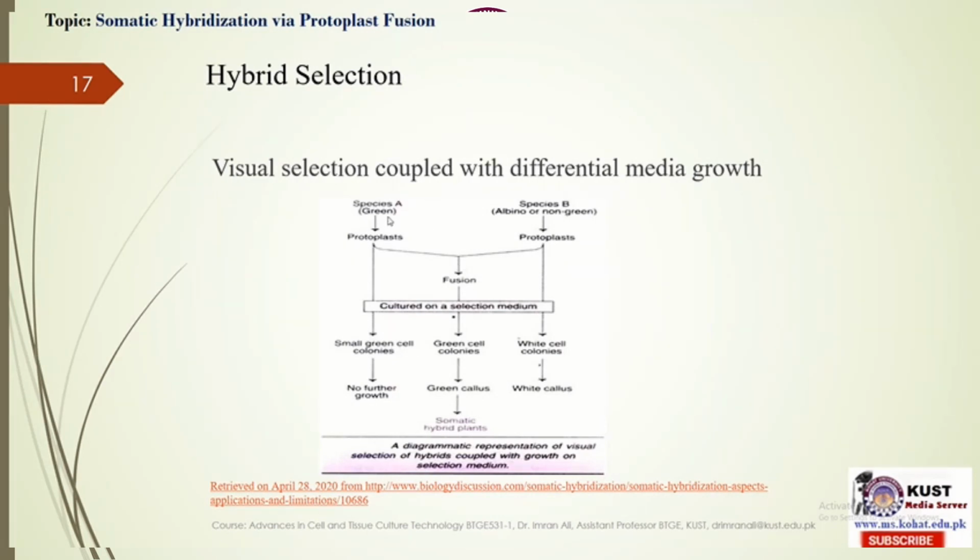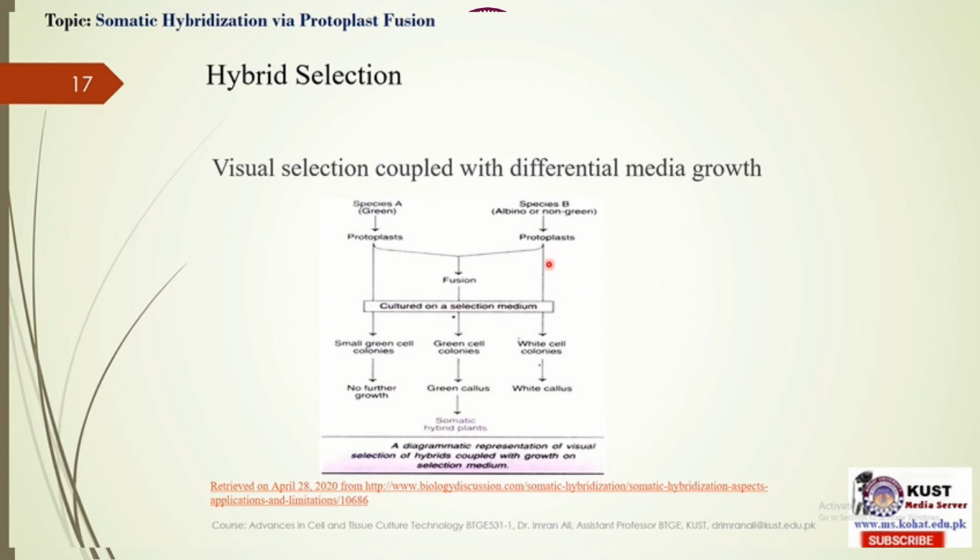You can see that species A has green protoplasts. Species B is albino or has non-green protoplasts. They are cultured on a selection medium. The parental protoplasts of species A alone will give small green cell colonies and no further growth on that particular medium.